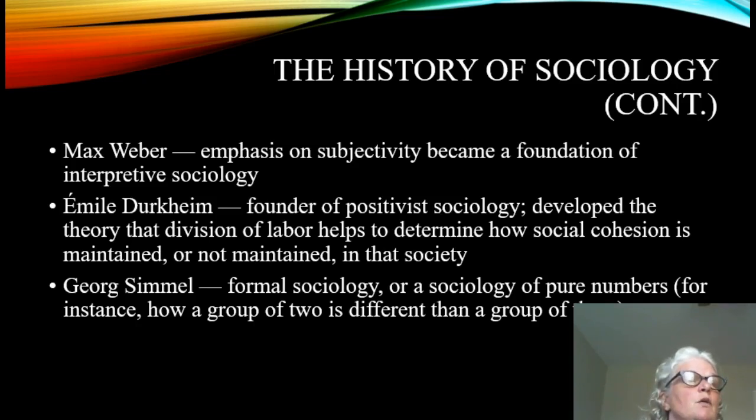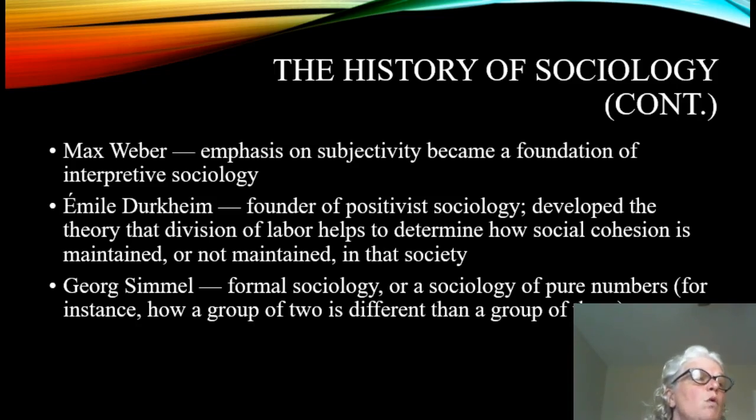Now, I give you a sociologist you may not have been exposed to unless you've taken another course from me, and that's George Simmel. And he looked at formal sociology, or sociology of pure numbers, how a group of two is different than a group of three. So he looks at dyads and triads and how things are different within that.